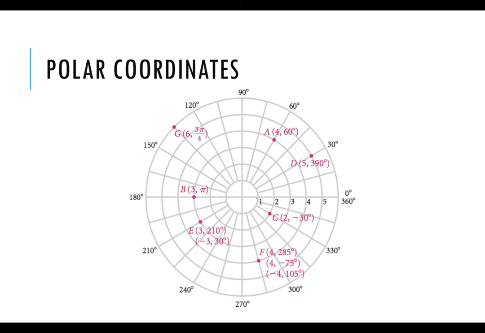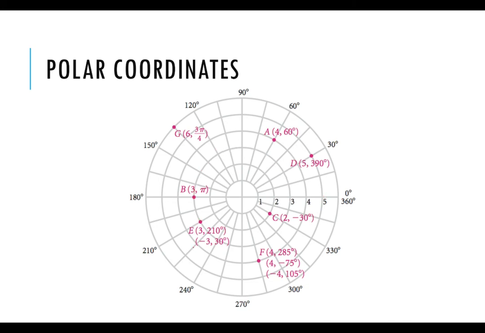D being (5, 390 degrees), that goes to 5, and then I rotate 390 degrees, so rotate all the way around back to 360, and then go an additional 30 degrees to 390. There we are, that's our point D. Now E we have labeled twice. Notice first that if I have (3, 210 degrees) as my polar coordinate, then I would go a distance of 3, and then I rotate 210 degrees, and I get to this point.